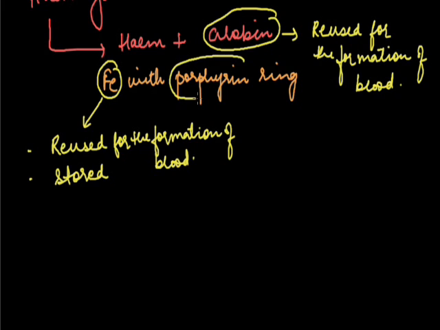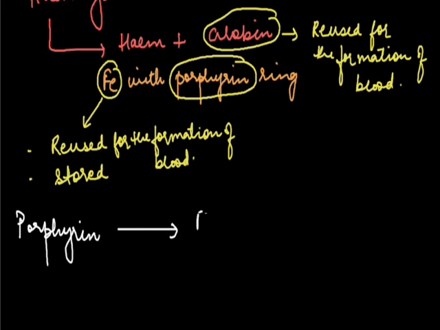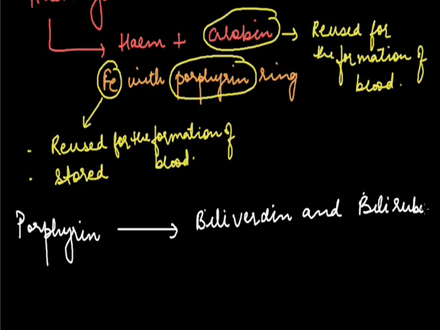Now this important thing, what happens to this porphyrin ring is, this porphyrin ring is split into bile pigments, that is biliverdin and bilirubin.